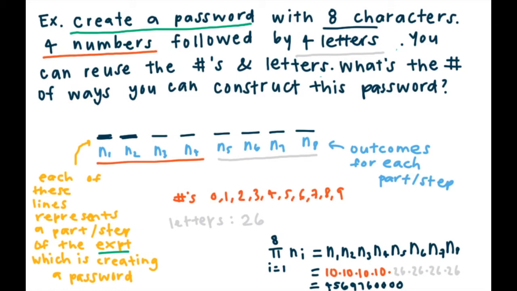So to figure out the number of options we have for each of our outcomes, n1, n2, n3, n4, n5, n6, n7, and n8, I'm going to do the following. So first I'm going to figure out how many options I have for the numbers. So for the numbers, I have 0, 1, 2, 3, 4, 5, 6, 7, 8, 9. And if I count all those digits, that gives me a total of 10 options.